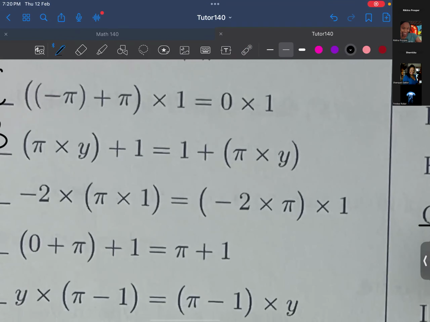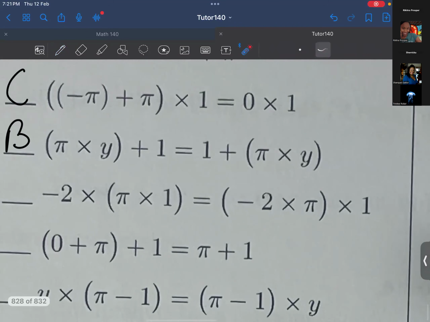Okay, so now we have -2 times pi times 1 is equal to -2 times pi times 1. So we have three numbers, -2 times pi times 1.